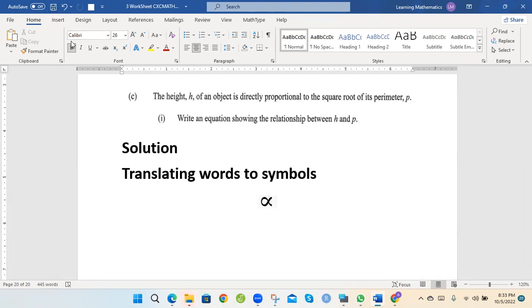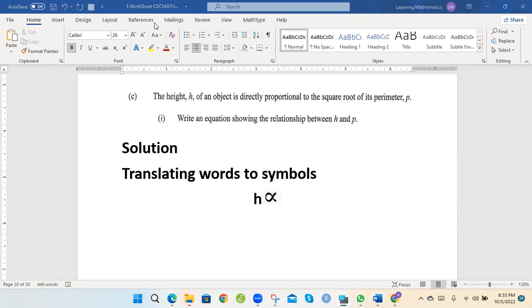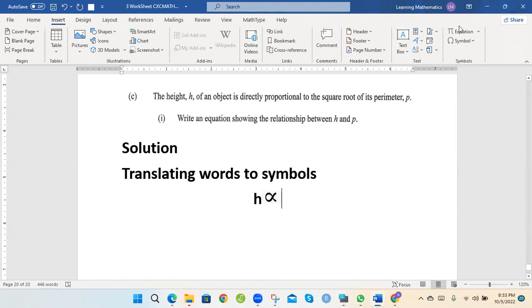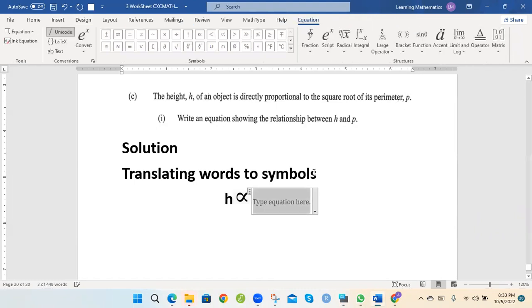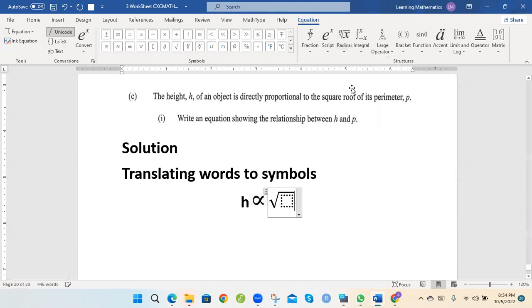h is proportional to the square root of p. No, we are not through yet.